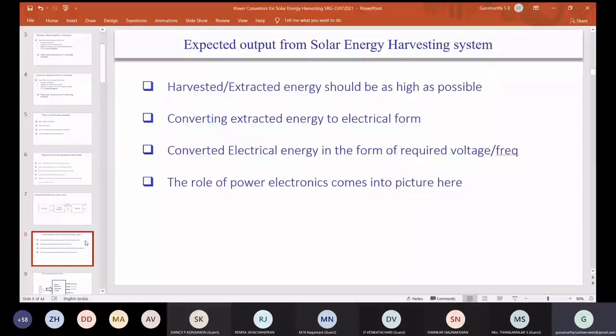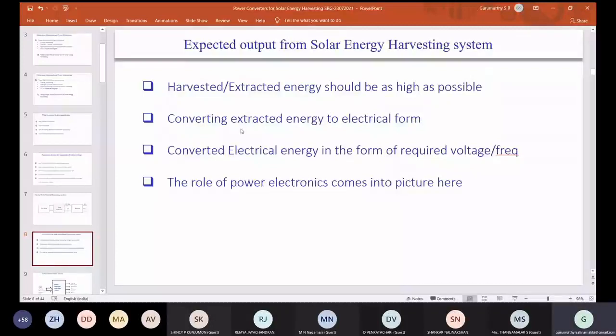Then, converting the extracted energy to the electrical form, because electrical form you can use easily, you can transmit it from one place to another place easily, and the efficiency of this form is higher compared to other types of energy, so it has to be in the electrical form.